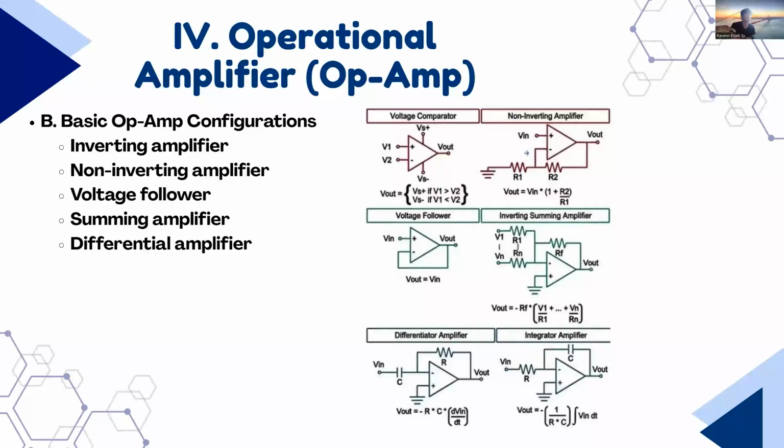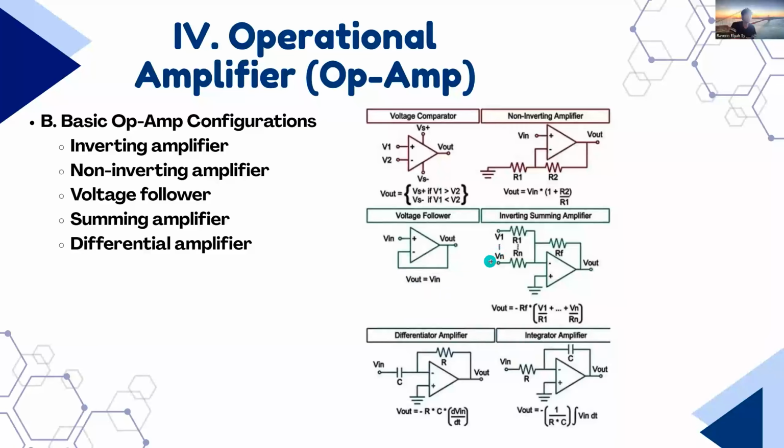Next, the voltage follower. A special case of the non-inverting amplifier where the output is tied back to the inverting input, so RF is equal to 0. It provides a voltage gain of exactly unity, AV is equal to 1, acting as a buffer due to its high input impedance and low output impedance.